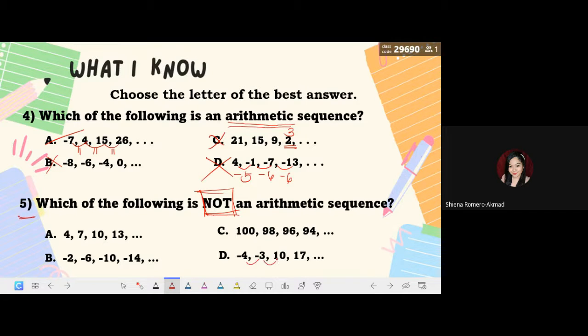Anong difference dito? Sa letter D, anong difference meron tayo? Now, you can type your answer if you want.